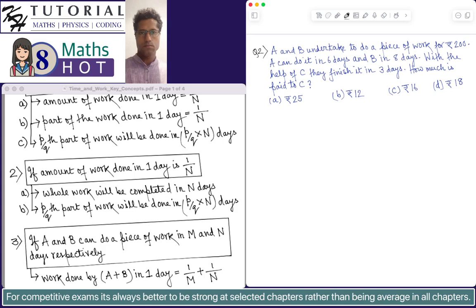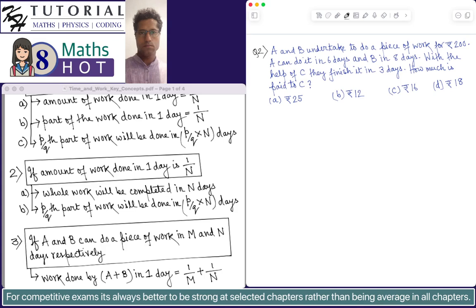So the amount of money A will receive will be based on the total amount of work A has done to complete the work. A plus B plus C has finished the work in 3 days. In this question it is asking how much is paid to C, so we need to find how much total work C has done in 3 days.